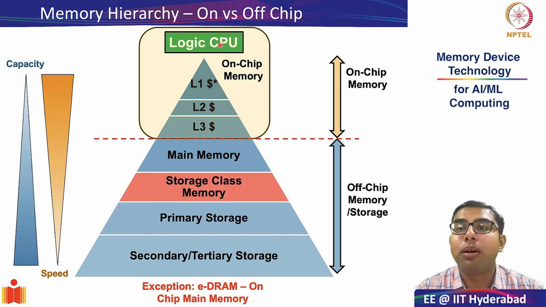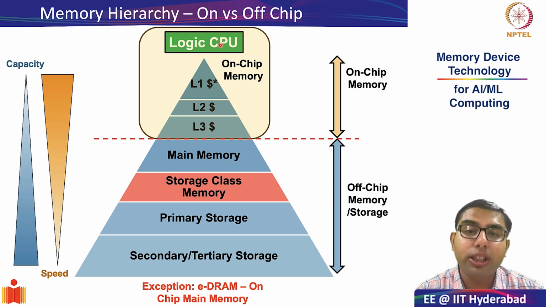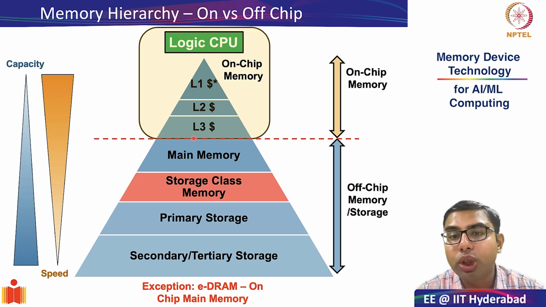So it is natural to expect, and this is what happens in nearly all systems, that the on-chip memory is restricted to the SRAM cells or the cache memory. From the CPU onwards to the L3 cache is generally part of on-chip memory. The main memory, which consists of DRAM cells, is the first layer of off-chip memory.